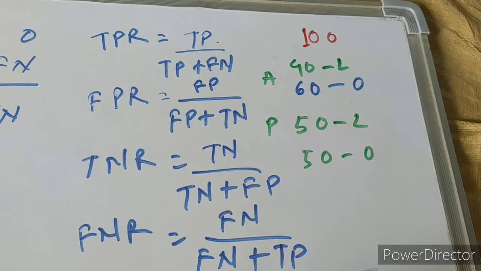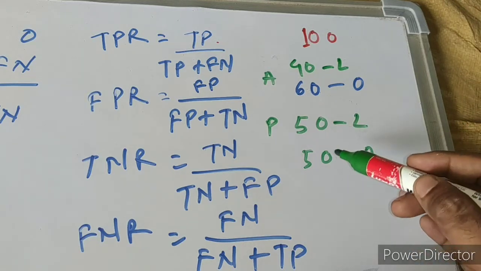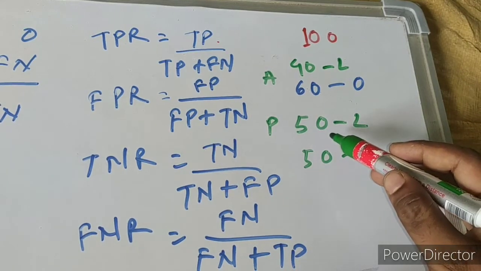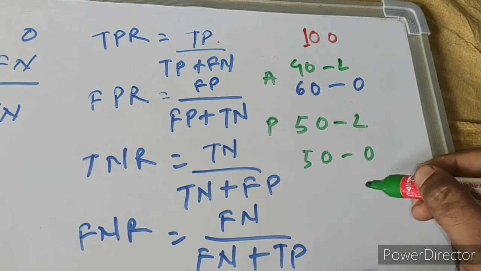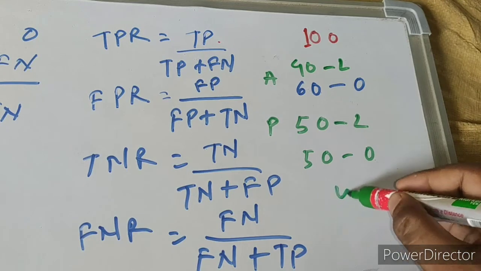So if we find the true positive rate, it will be something like: out of total actual lemons, how many lemons are correctly classified. As we are considering here, 50 lemons are predicted, but there are 40 lemons. So 40 lemons are actually classified.